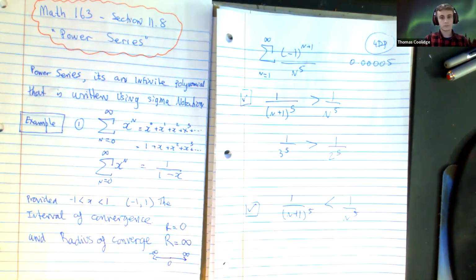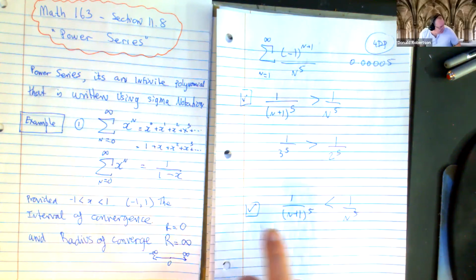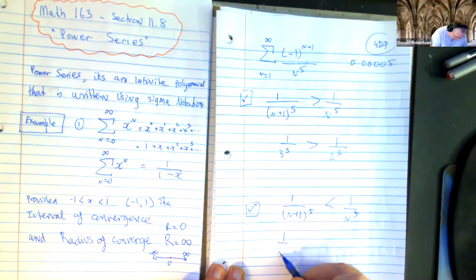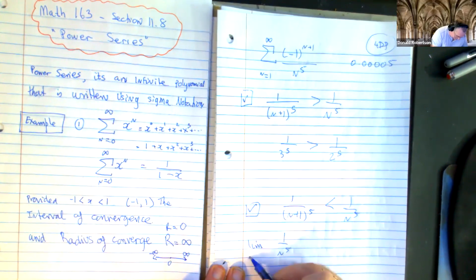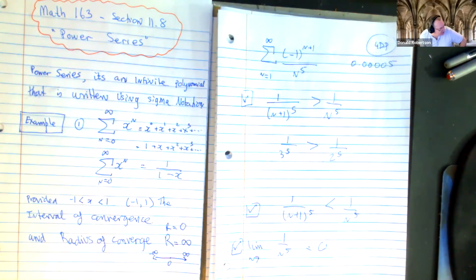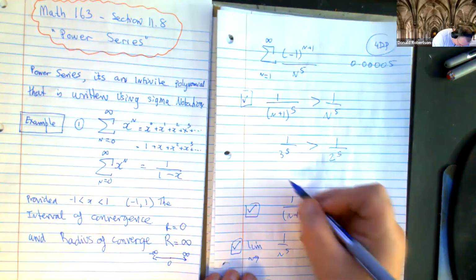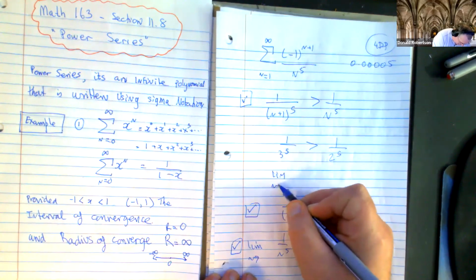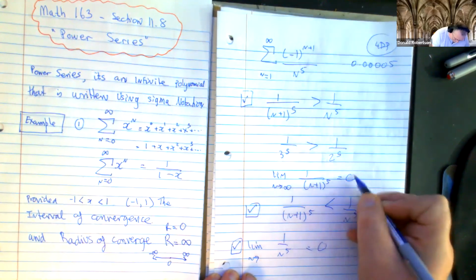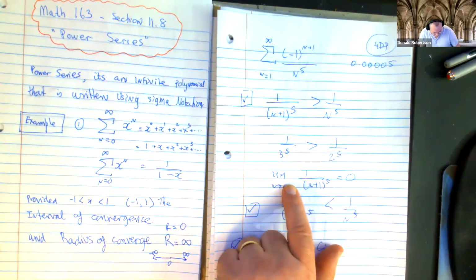No. And you did pick the 1 over n to the 5 guy, the limit is equal to 0. And that one is correct. So you check that. And it says here, which conditions below show that it converges. So it is true that the limit of that is 0, but that is not one of the conditions.